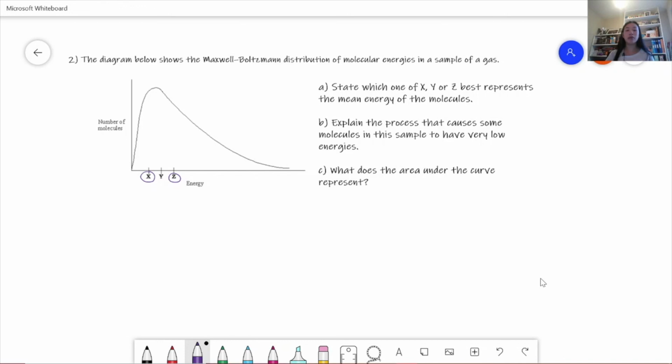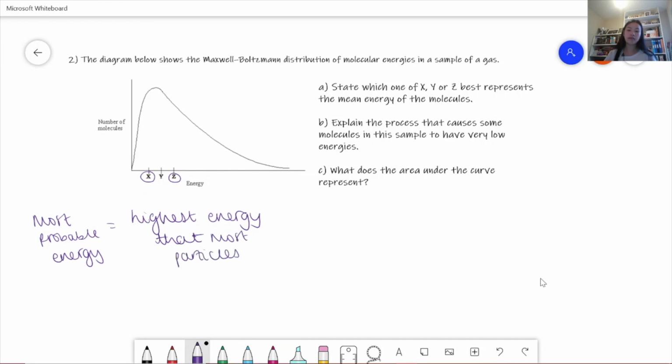And the definition of the most probable energy is the energy that most particles have. And so Y looks as though it's more likely to be the most probable energy. So I think for A, the answer is Z, because it looks to be the average of all the energies.